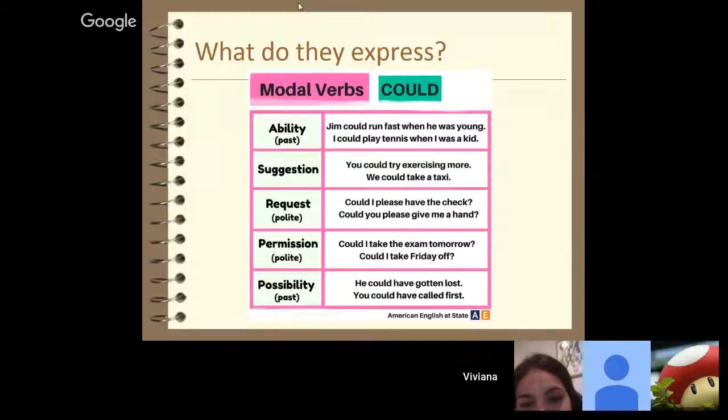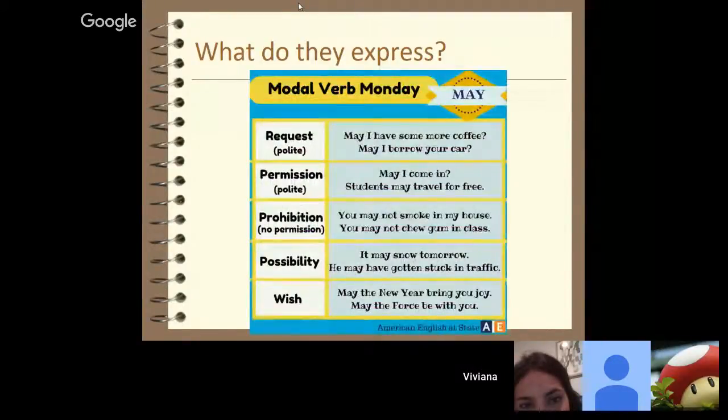Could I take Friday off? Could I go to the toilet, etc.? And for possibility in the past, he could have gotten lost, or you could have called first. Now, the verb may.